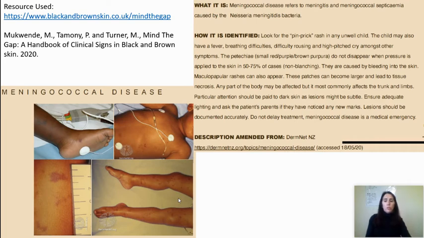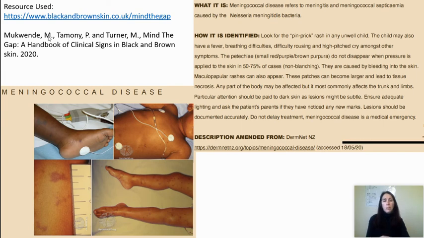This slide is to show you about how meningitis shows up on brown and black skin. As you can see here, we've got a new resource, which is called Mind the Gap. So I've been sure to reference properly Malone. Malone is a student at St George's who made this resource because there just wasn't any features for rashes and lots of different skin conditions that weren't on white people.